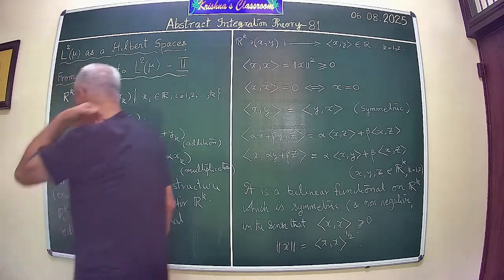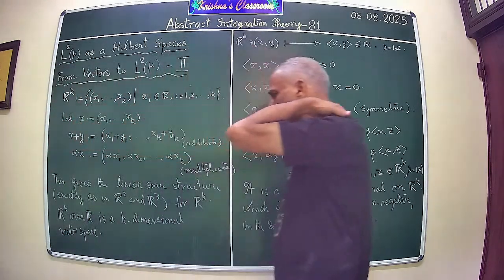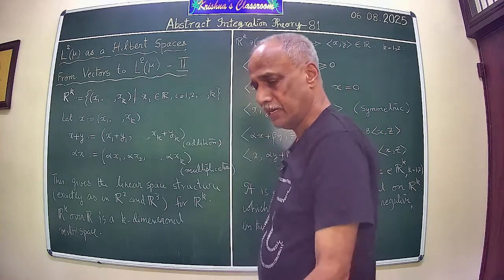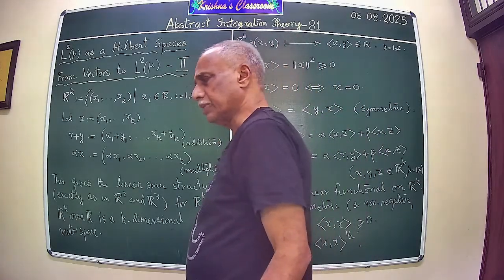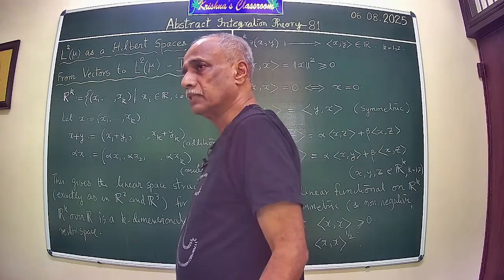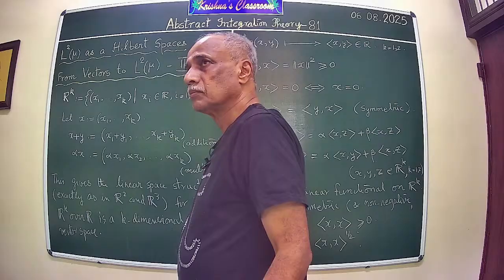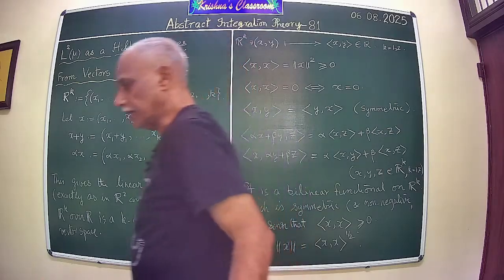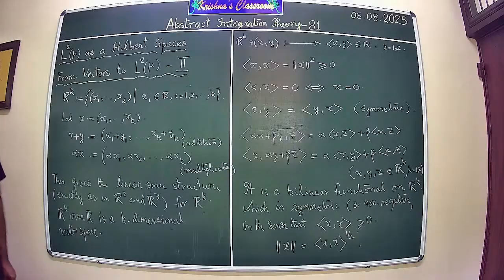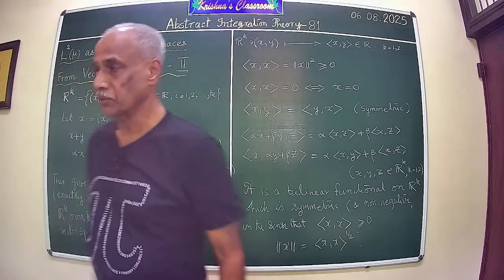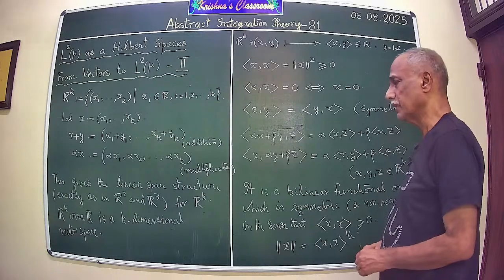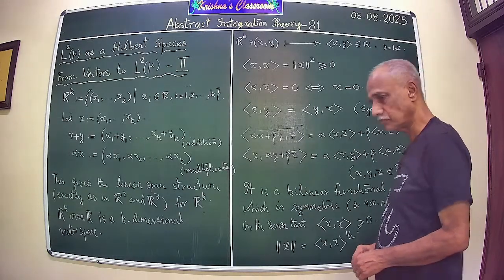In the sense that any basis you choose for Rk will consist of exactly k number of vectors. Of course, the choice of basis is not unique, but the number of elements in every basis is the same, which is k, and this is what you call the dimension of the space. So it's a k-dimensional space.